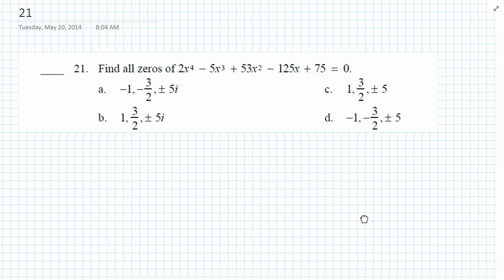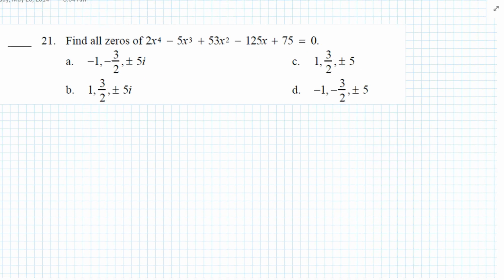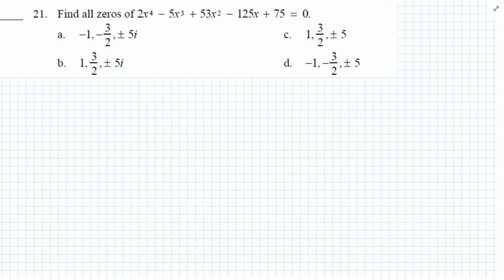21. Find all the zeros. So we've got 2x to the fourth minus 5x cubed plus 53x squared minus 125x plus 75. Okay, so luckily for us, we've got some solutions to work backwards from.